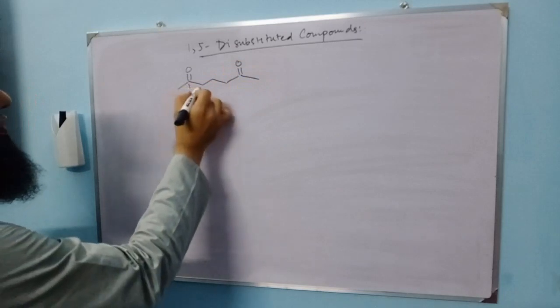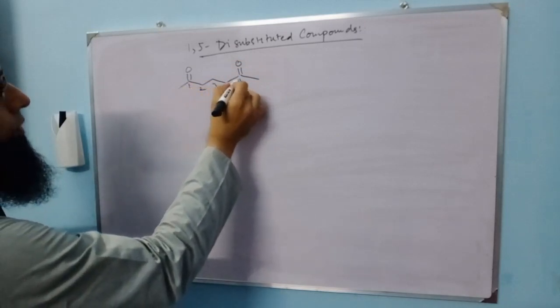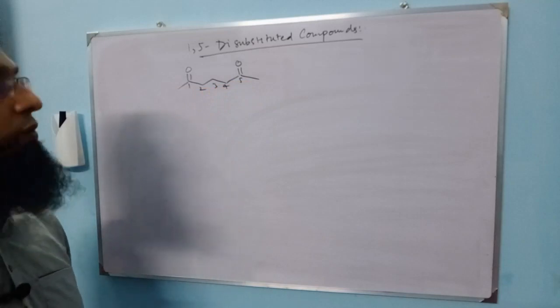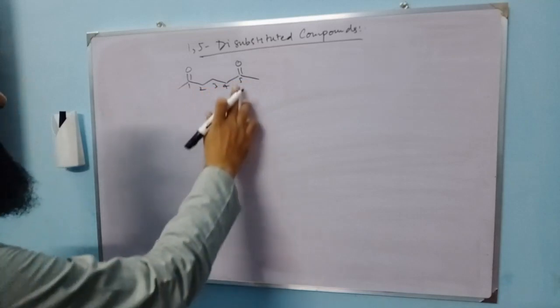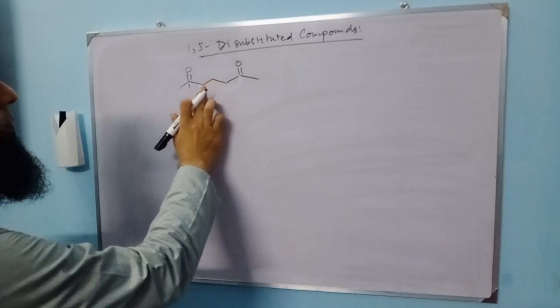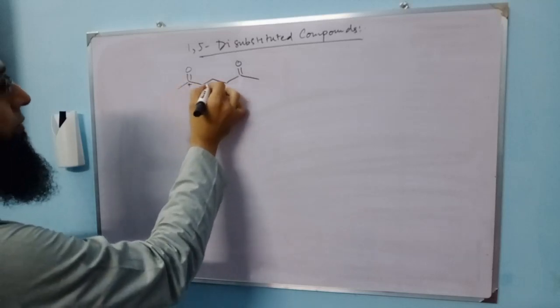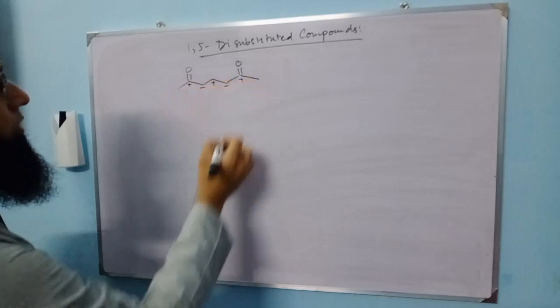This is 1, 2, 3, 4, 5. So this is a 1,5 disubstituted compound, and now we first add latent polarities: positive, negative, positive, negative, positive.